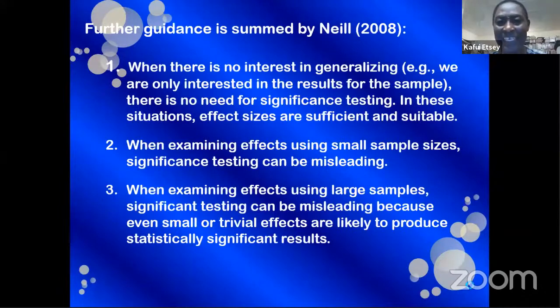And then thirdly, Neil is saying that when examining effects using large samples, significance testing can be misleading because even a small or trivial effect is likely to produce statistically significant results. So APA and Neil are sounding warning bells to us every time we are doing hypothesis testing.